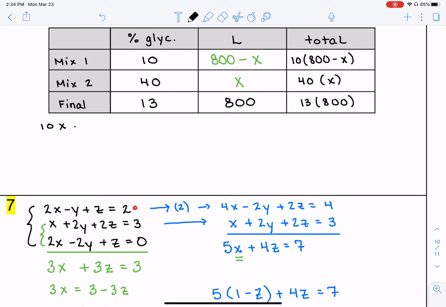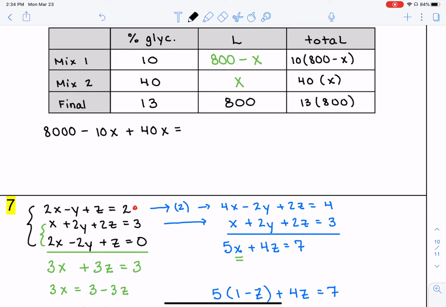Oh, actually, let me back up. That might be confusing because I did it out of order. I would do 10 times the 800 first. So that's 8,000 minus 10x. Now I add the second mix, which is going to be 40x.